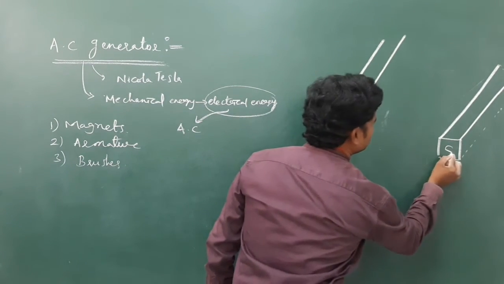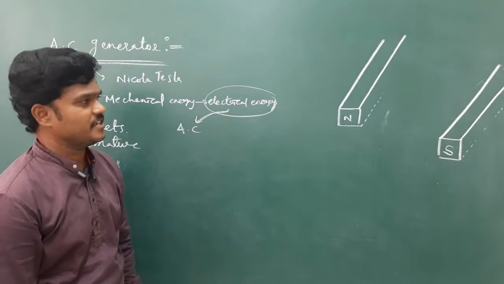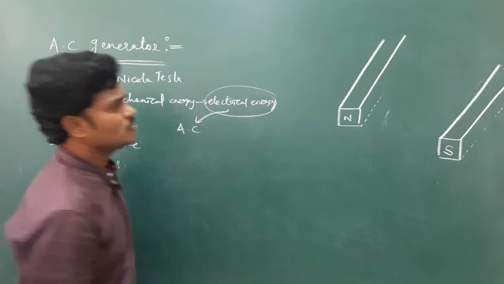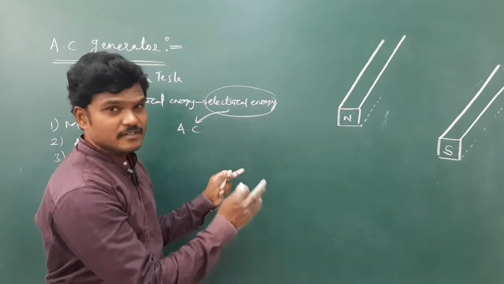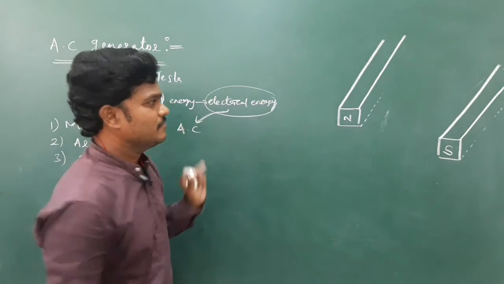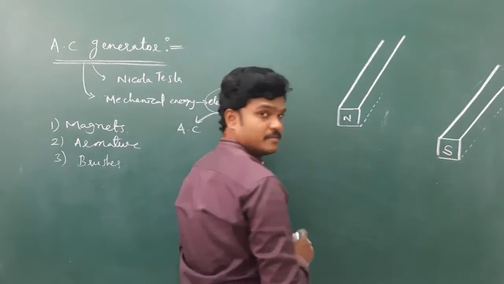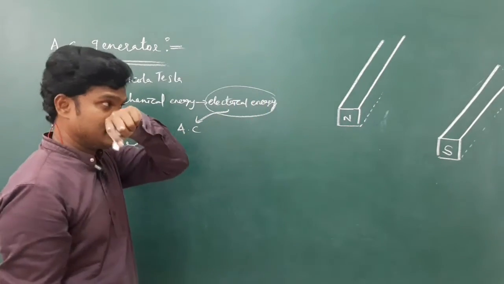These two strong electromagnets are separated by some distance, and in between them a uniform magnetic field will be set up.